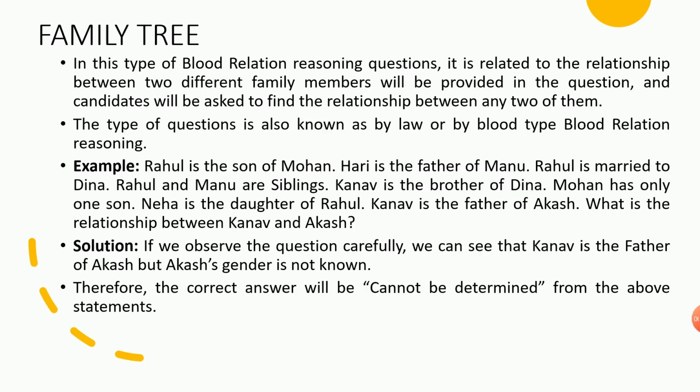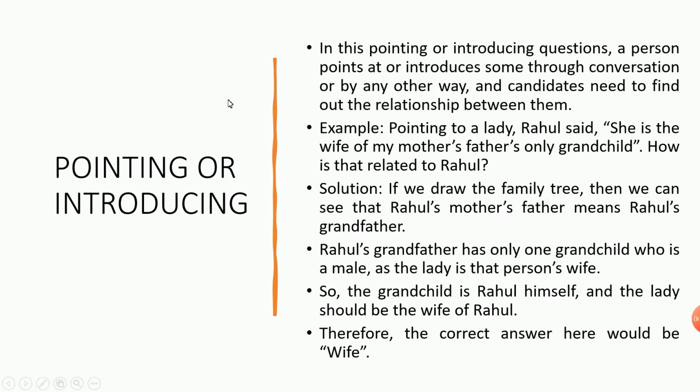Next is family tree. So family tree means, see here, at the most Rahul, the pointed lady and whoever he is speaking to, at the most only 3 persons are involved in that kind of question.